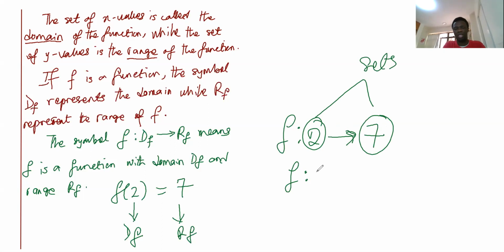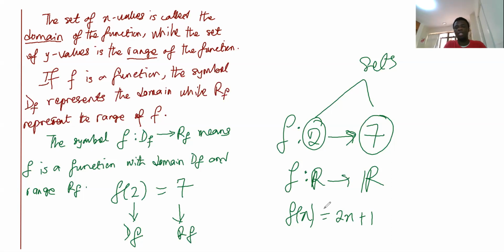So for example, you can say, if you have a function, maybe R to R, it means something like this. If f of x equals maybe 2x plus 1. Of course, we can say f is defined in this way. Okay, so this is a set. This is a set.